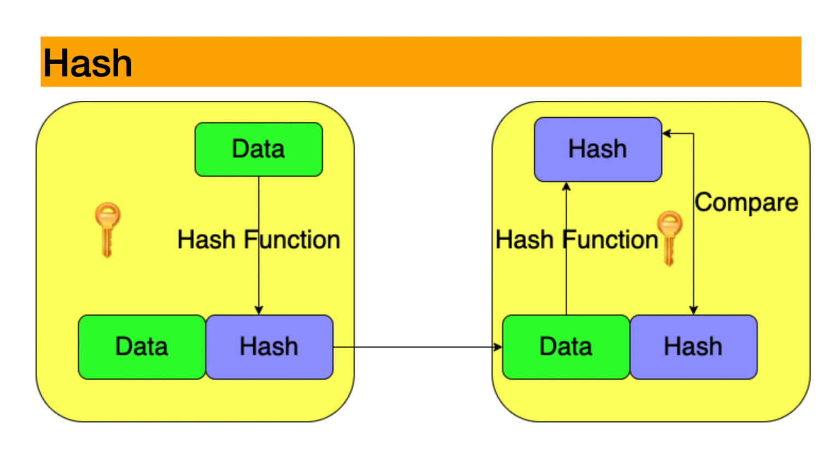When it creates the hash of that data, it will compare that hash to the hash attached to the data. It compares the hash created from the received data with the received hash, and then it can verify the integrity of the data.